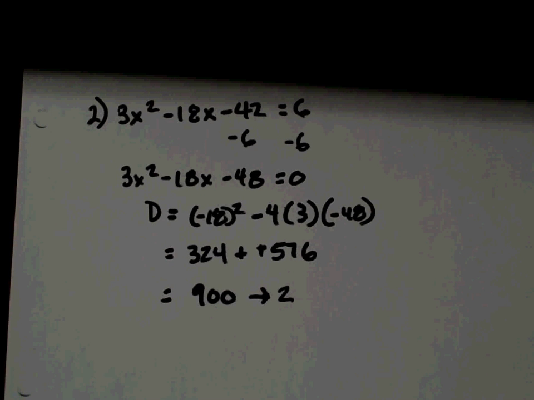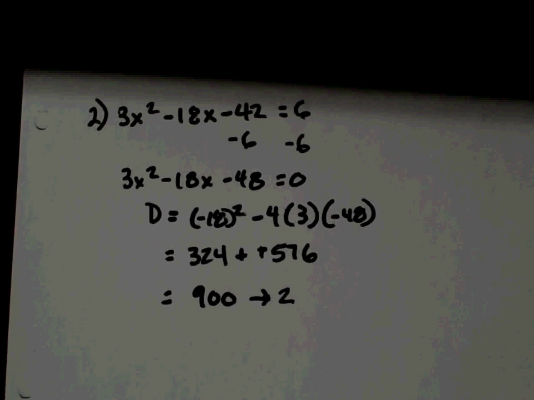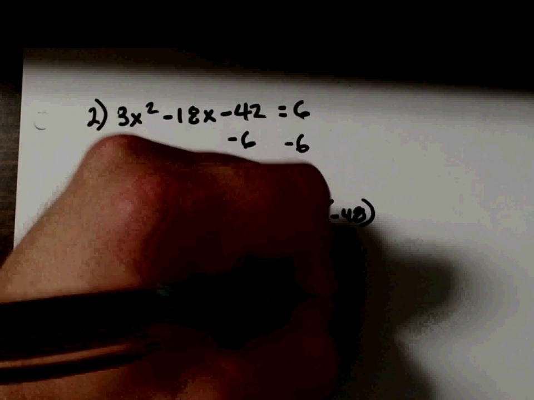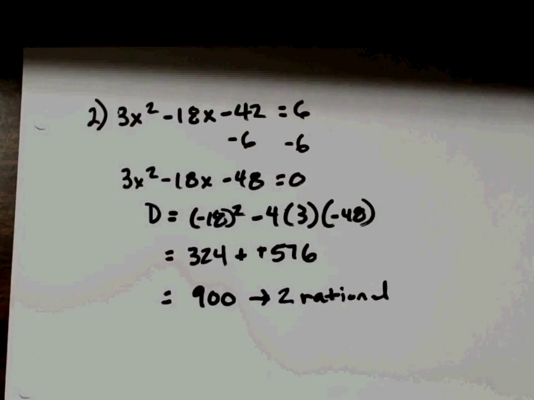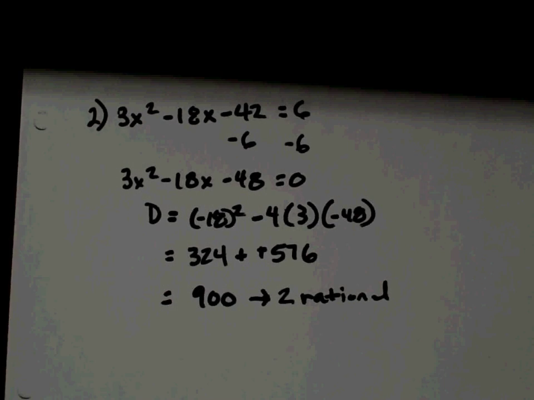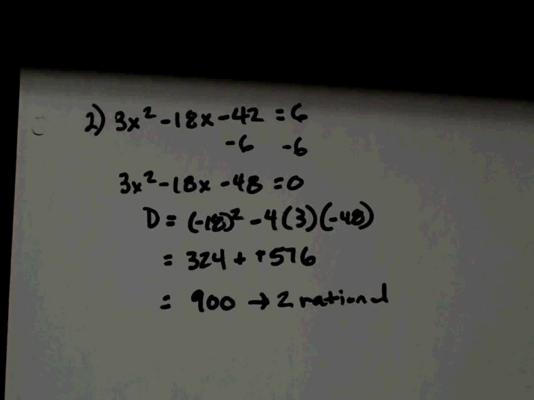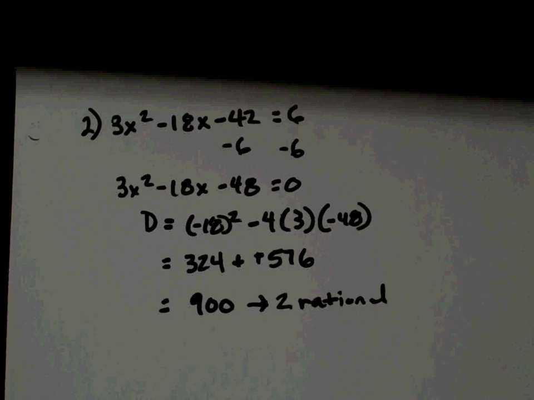What's the square root of 900? 30. So if it comes out to be a whole number, it's a perfect square, correct? So this would be 2 rational roots. Irrational is if it came out to be a decimal. Okay? Once again, that's like question number 24 on your test.